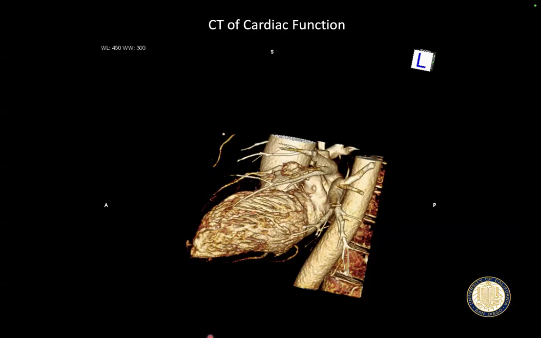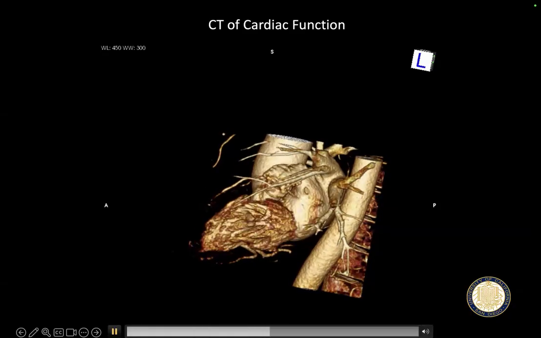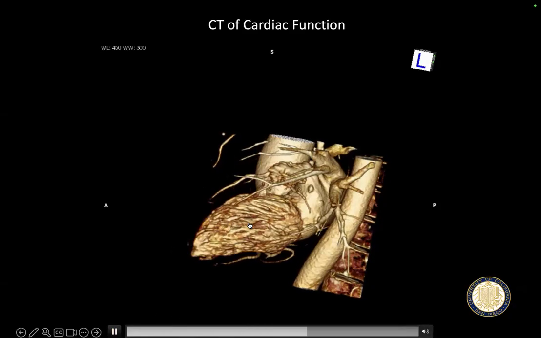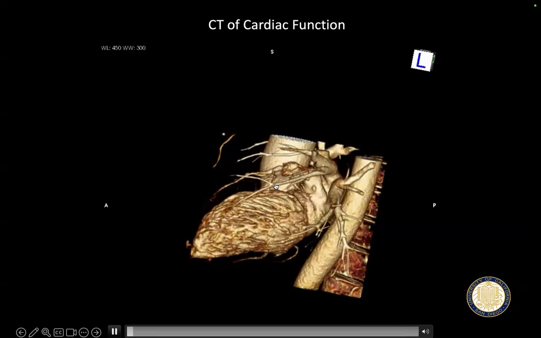And the cool thing about this is that this should move. Oh, here we go. Those indentations actually move and you can track them, right? So here's the left atrial appendage up here contracting in the left atrium ahead.